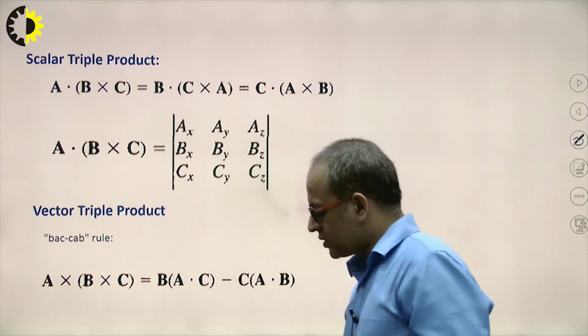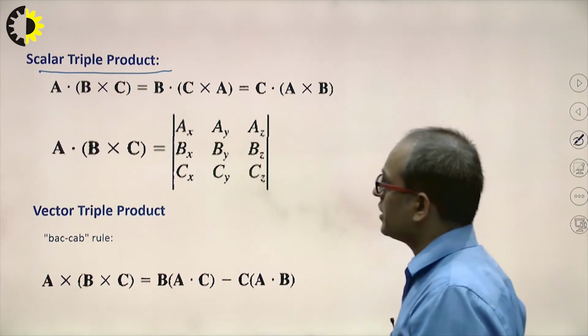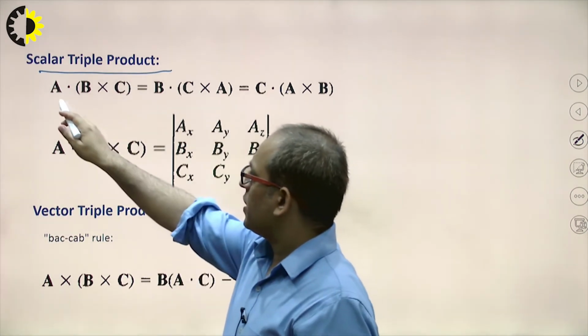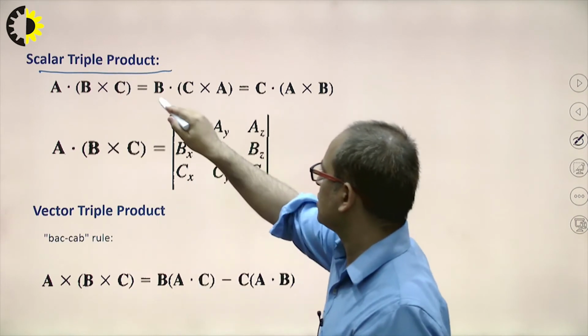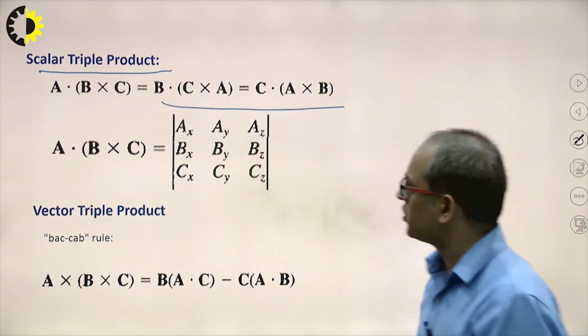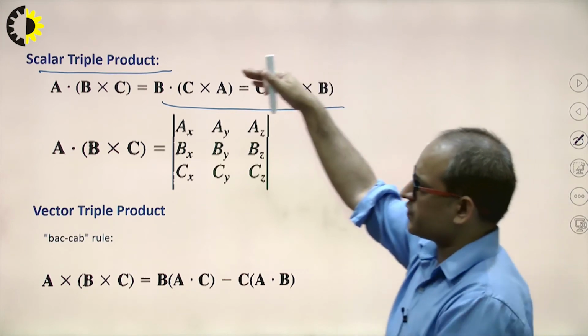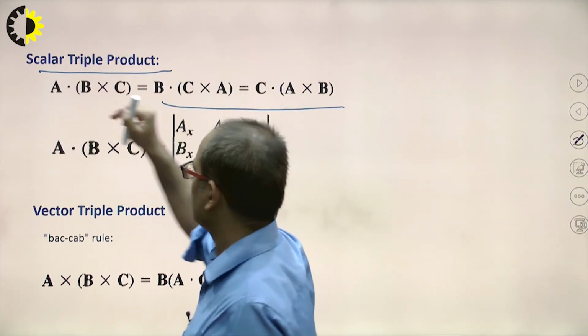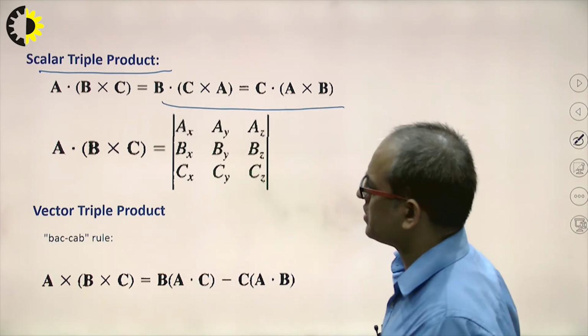Now another one is the multiplication of three vectors, that is a vector dot b cross c is equal to this one. These are the identities. You can just cross verify, take the LHS and take the RHS, you will get the same.